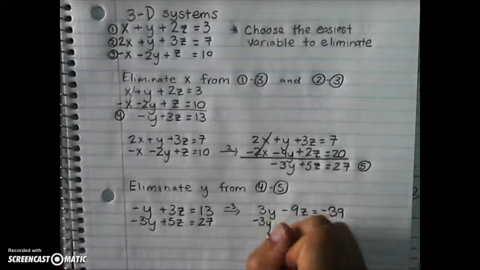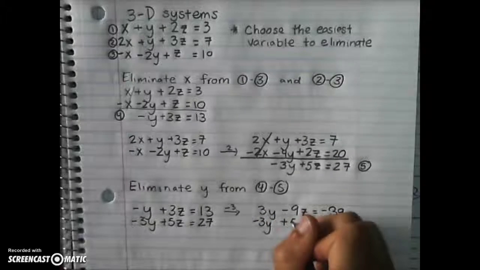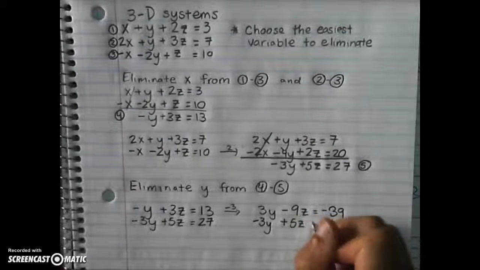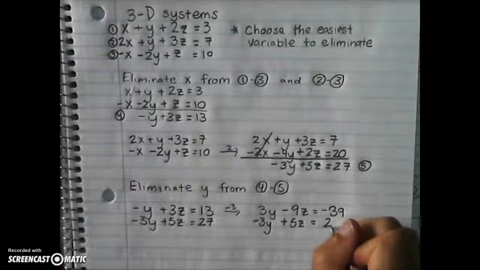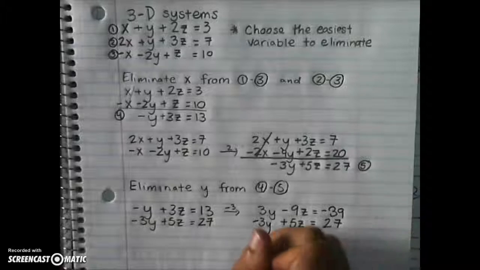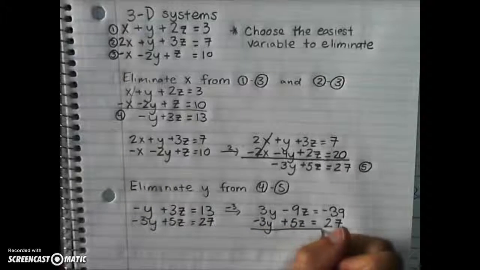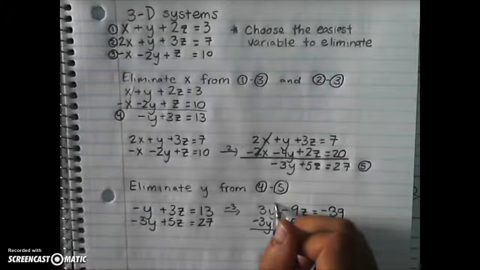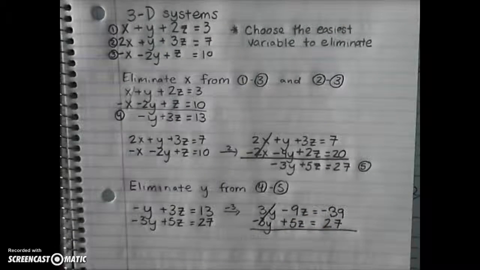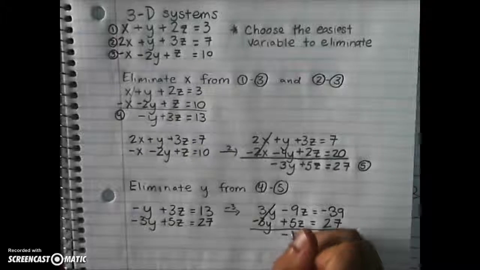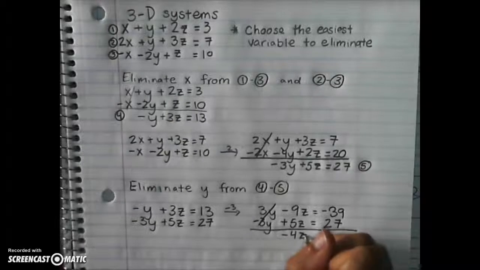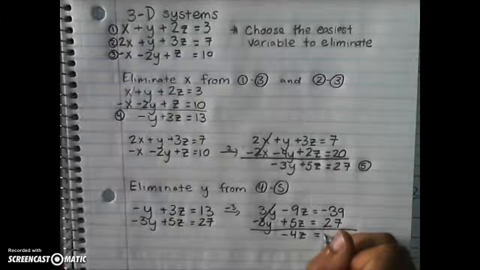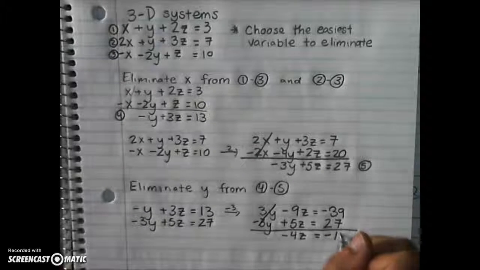Negative 3y plus 5z equals 27. My y's are gone. My z's, negative 4z equals negative 12.